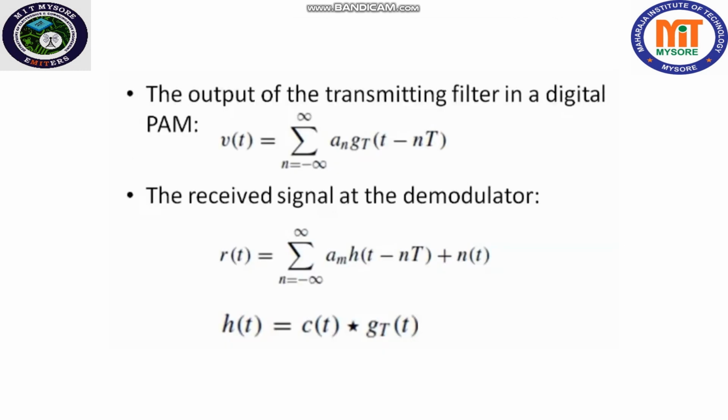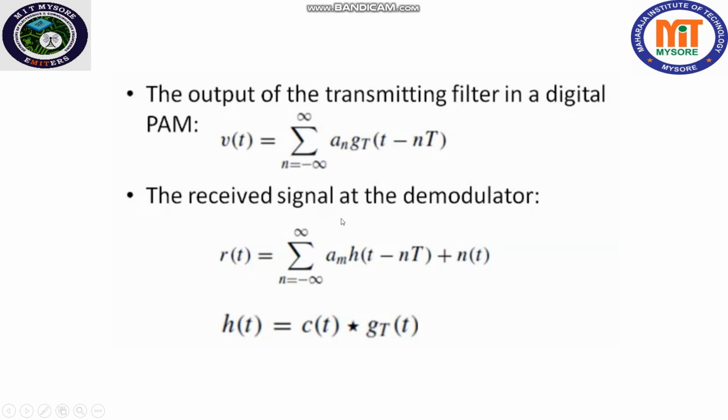As we already know, the PAM output after the transmitting filter in a digital transmission is given by v of t equals summation n equals minus infinity to plus infinity a_n times g_T of t minus nT, where g_T represents the shape of the signal and a_n is the amplitude level.